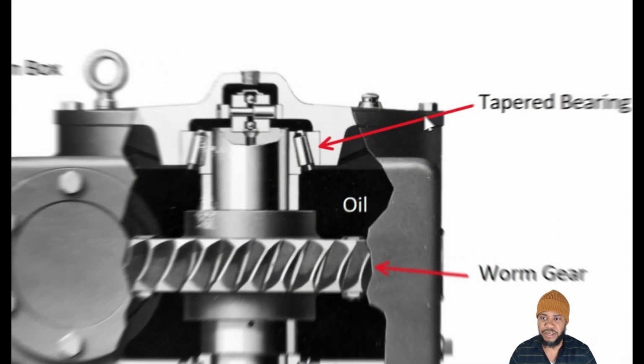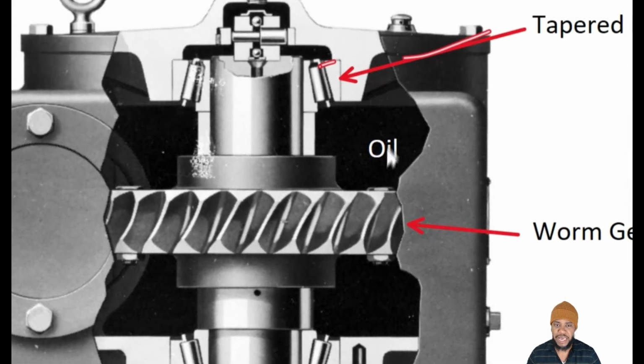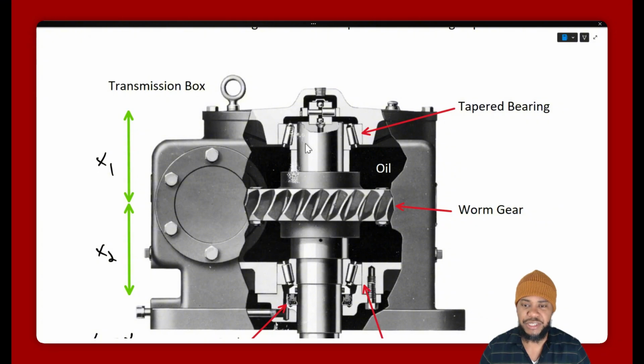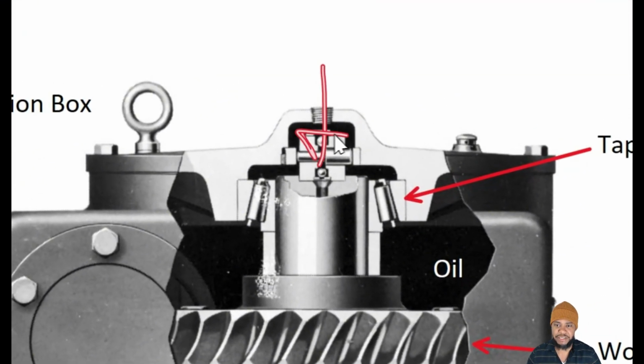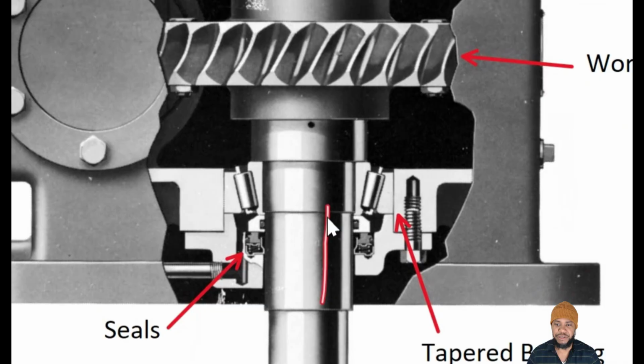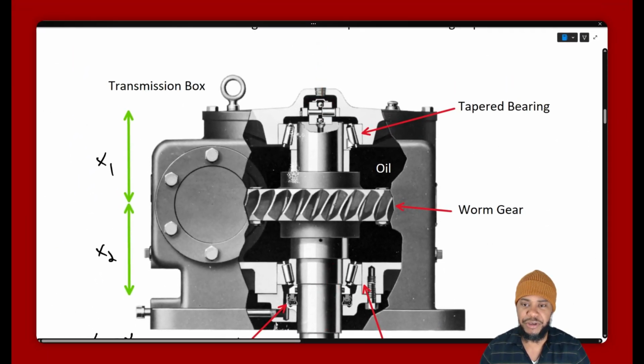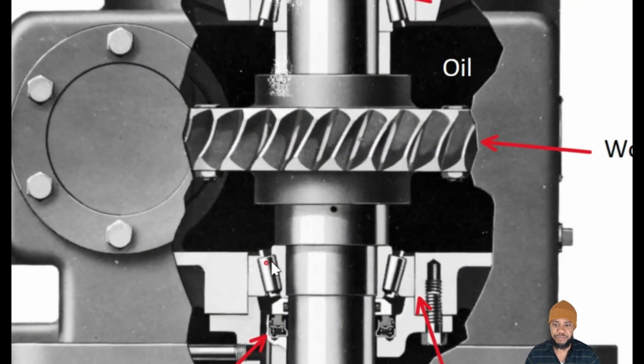We also can see that we have tapered bearings at both ends of this transmission box, which act as thrust bearings. So if there is any axial loads transmitted down the shafts, this bearing keeps the shaft in position.